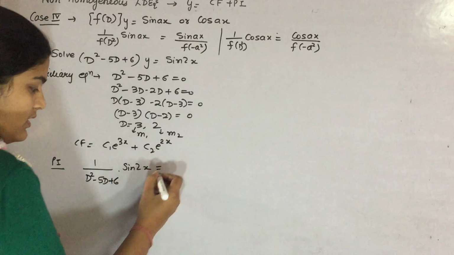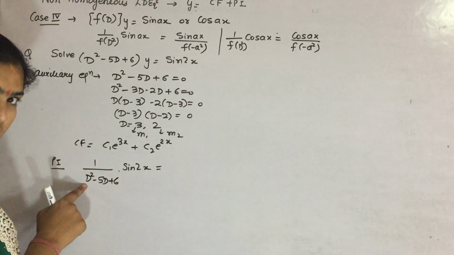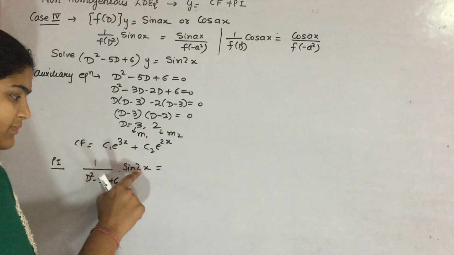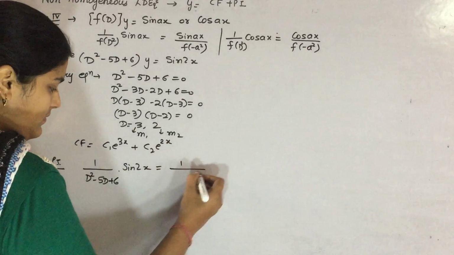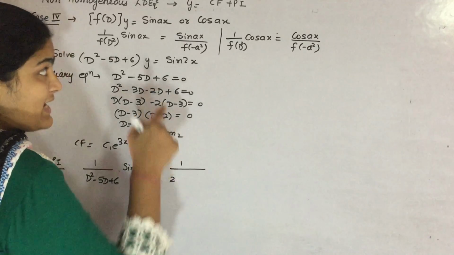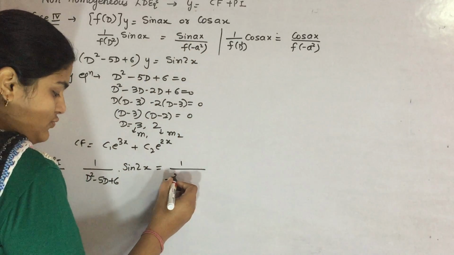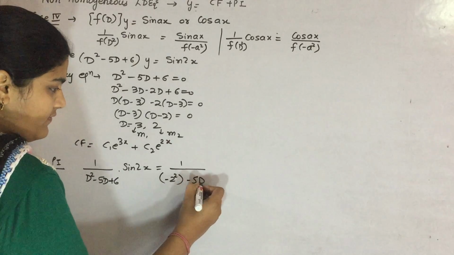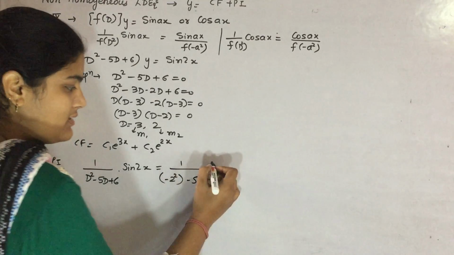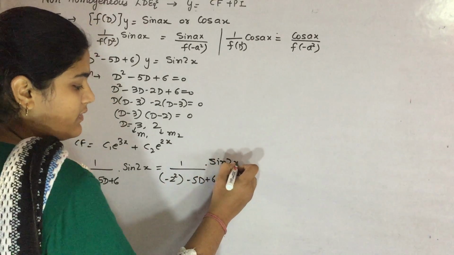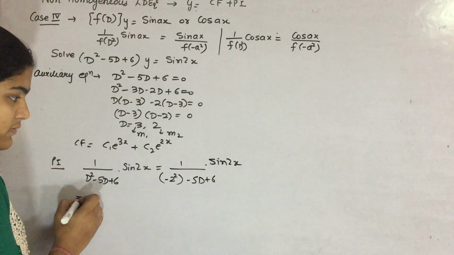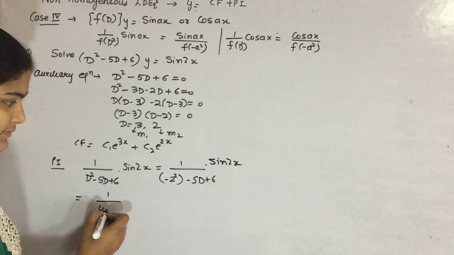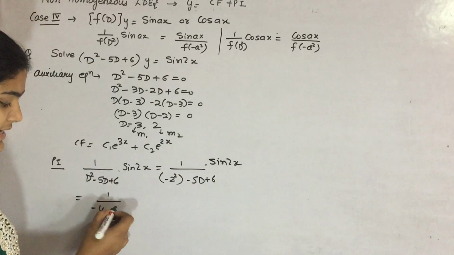Now what you have to do, just in place of D squared, substitute minus a squared, minus 2 squared just in place of D squared, and the rest of the thing remains as it is, into sin 2x.